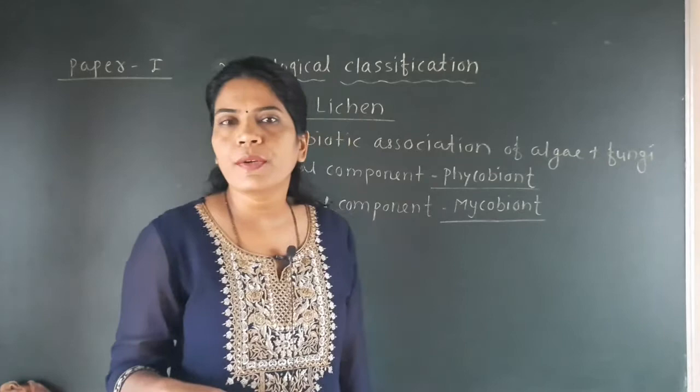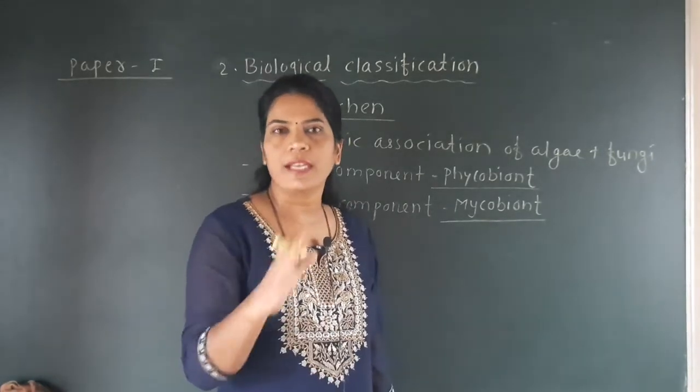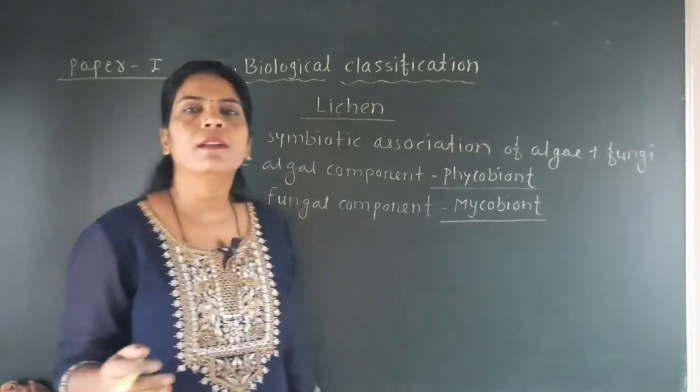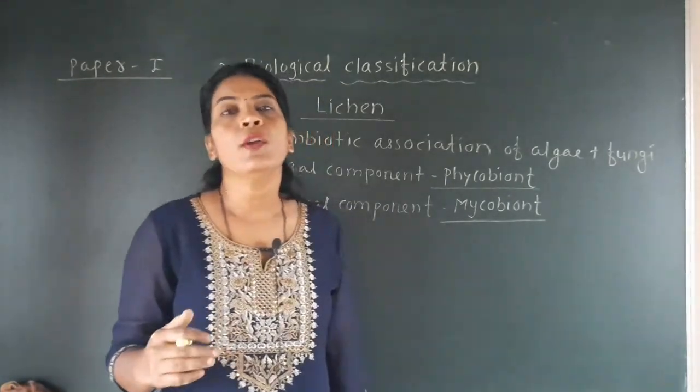The algal component of the lichen is called phycobiont, and the fungal component of the lichen is called the mycobiont.